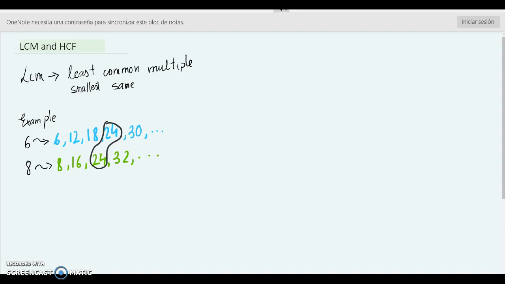We can do this in a different way because sometimes we have bigger numbers or we have more numbers, and this can be difficult. So we are going to use now the prime factorization.